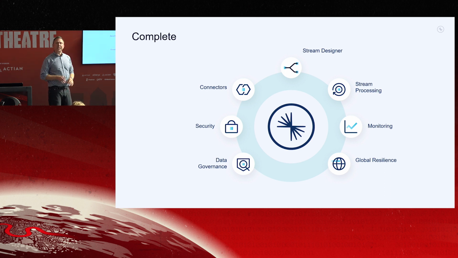We have stream processing that allows you to use the skills that your team already has to write SQL over the top of a stream of changing data. In the context of a data migration, we're talking about inserts, updates, deletes. Combine that data, modify it in some way, and load it into a topic. We provide monitoring, and we provide global resilience.